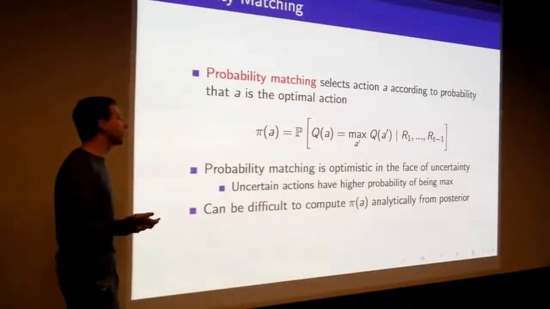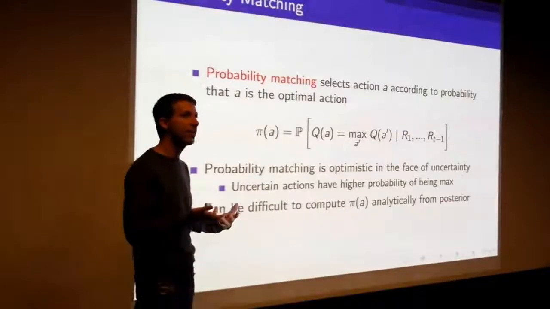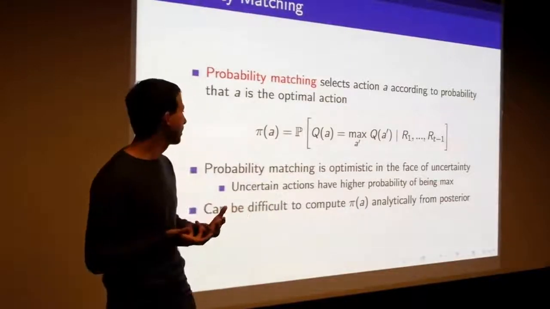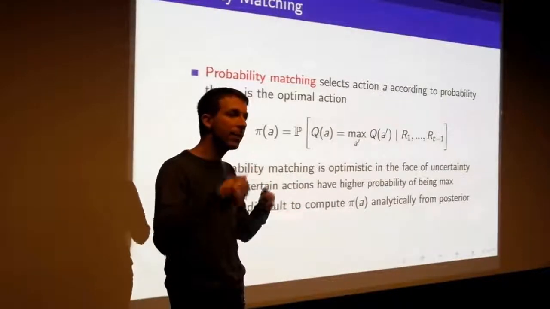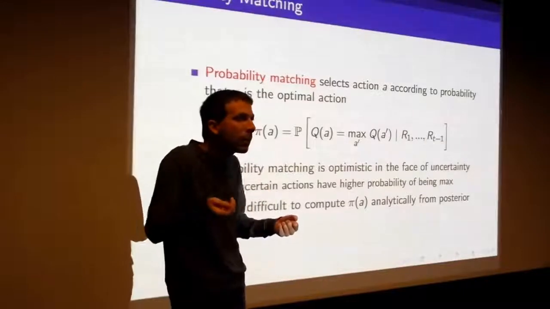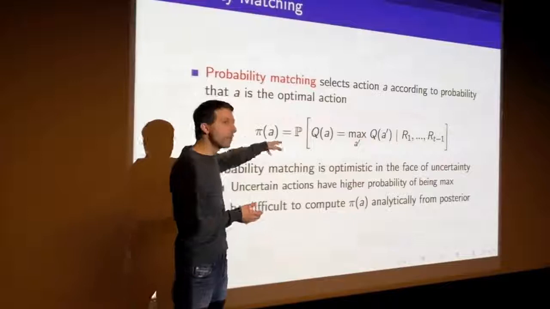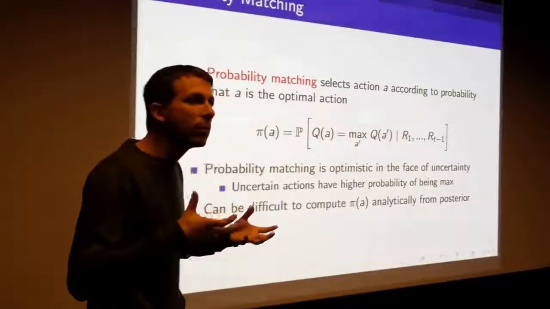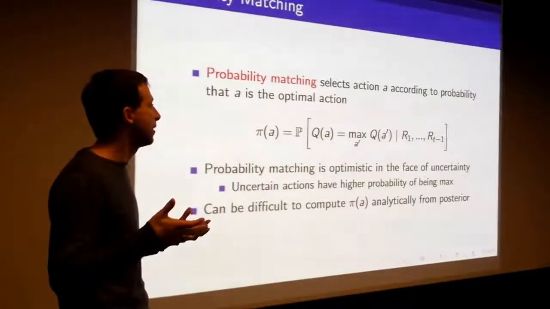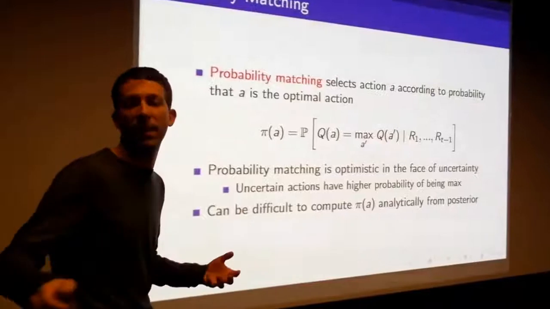And what's nice about probability matching is it automatically does this optimism in the face of uncertainty idea. In other words, if we've got some uncertainty over our Q values, and we just probability match, we automatically pick things which have higher uncertainty. The more uncertainty there is in something, the more chance that thing actually could turn out to be the max.